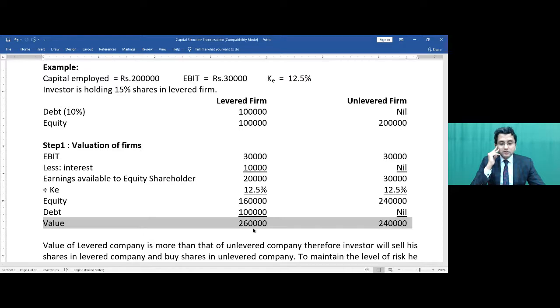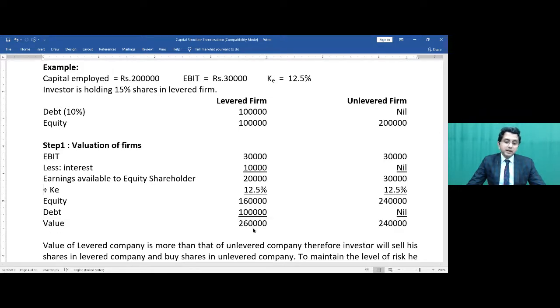And you should sell shares in the company where the price is high, that is levered firm. So any intelligent investor will sell his shares of levered company because the firm value is higher, and with that money he will buy shares of unlevered company because its value is lower. And investor is holding 15% shares in levered firm.